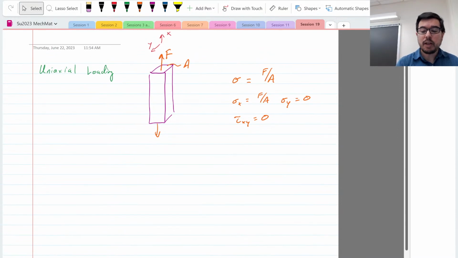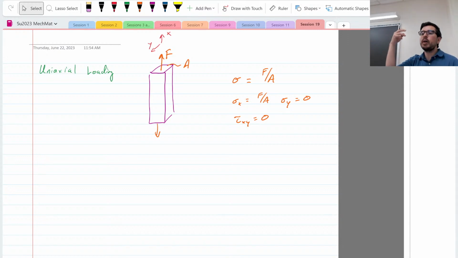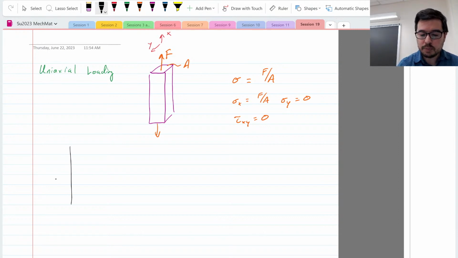What does Mohr's circle look like? So yeah, I could go through the transformation equations. I could go through my triangular slice and do all the equilibrium, but it's simpler just to look at Mohr's circle, right? So again, I draw my axes, and where's the average?